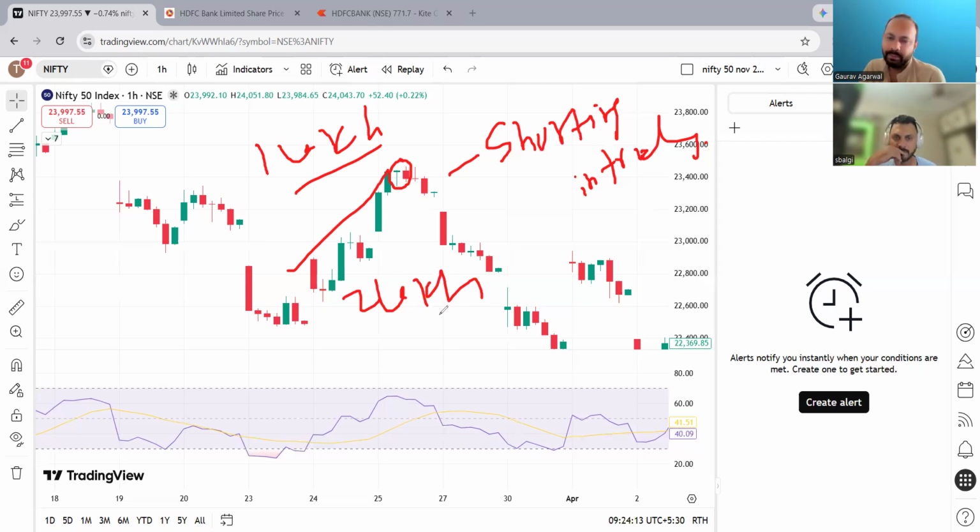And then you can earn some profits, like 0.5 or 0.75, that's basically our target to hold it in intraday. So this strategy basically you can use for shorting intraday also.